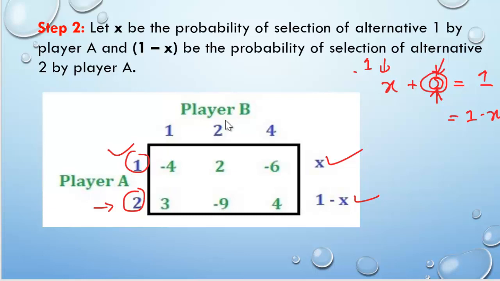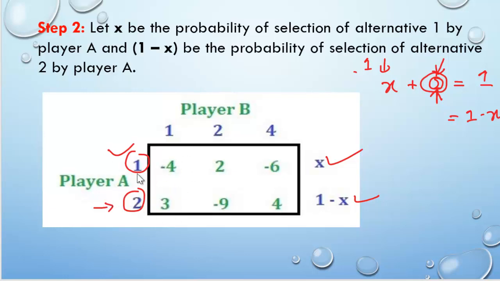In the first row, first column, we have -4 and 3, which is what player B can choose in the first column. So the gain function of player A will be -4 times x, plus 3 times 1 minus x. Add them together. This will be the gain function for this column for player A.